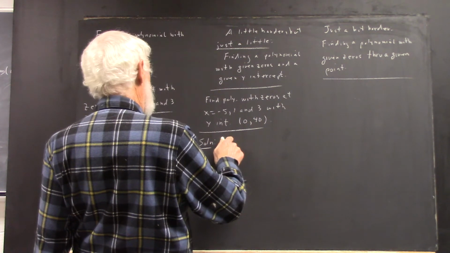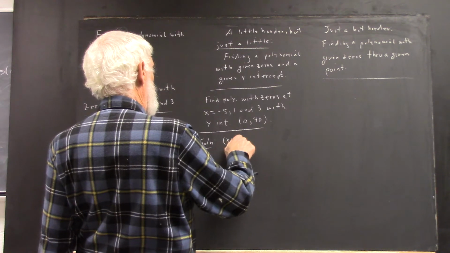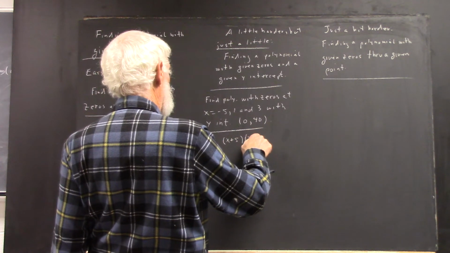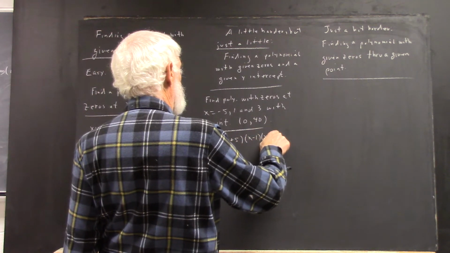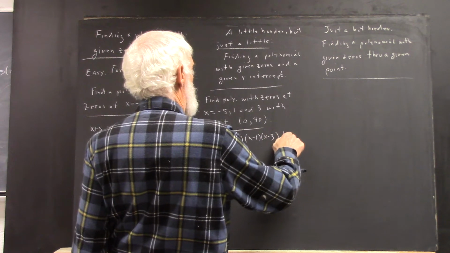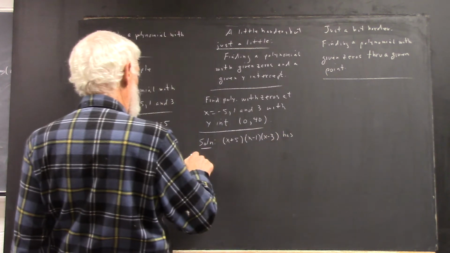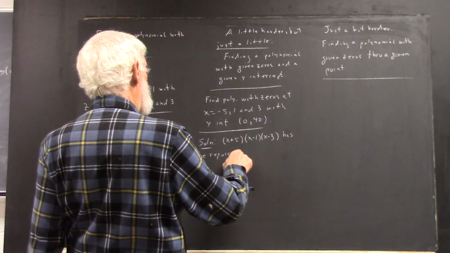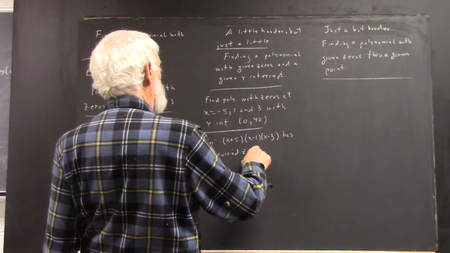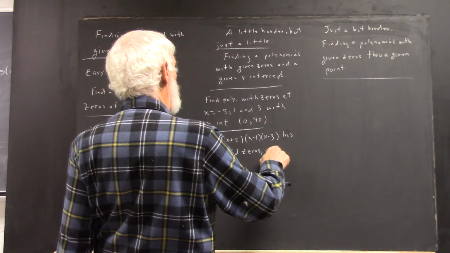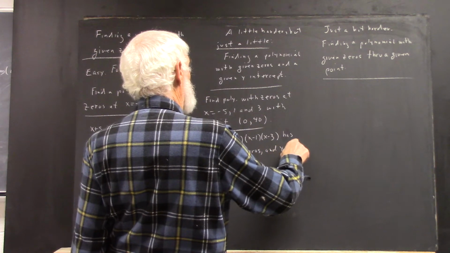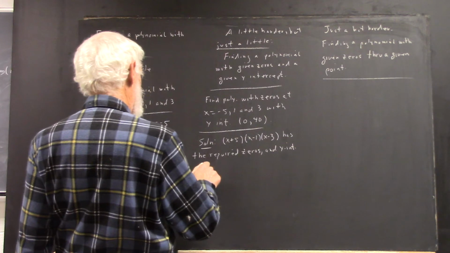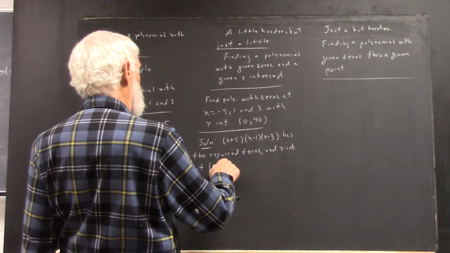So, solution, x plus 5 times x minus 1 times x minus 3 has the required zeros and y-intercept of 0, 15.